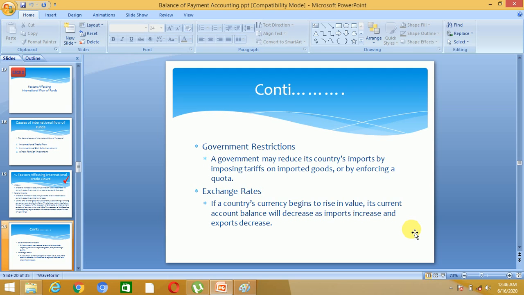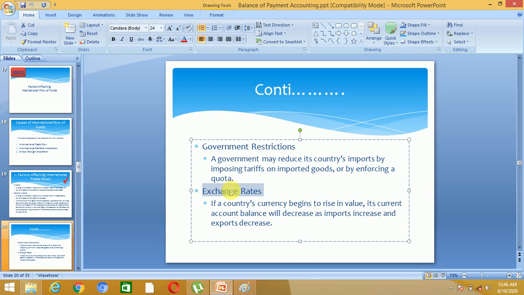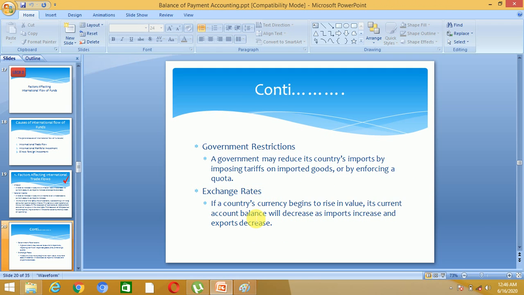The next thing is exchange rates. That is also affecting the international trade flow. If a country's currency begins to rise in value, its current account balance will decrease as imports increase and exports decrease.